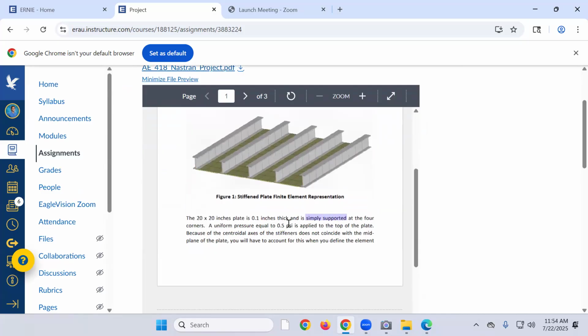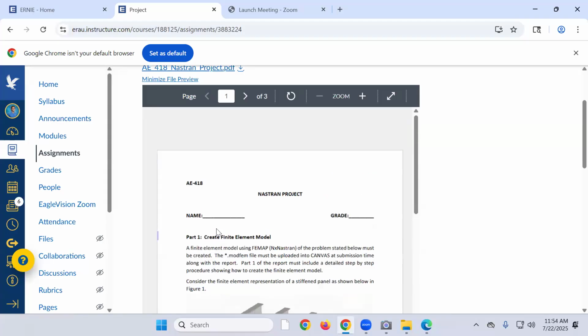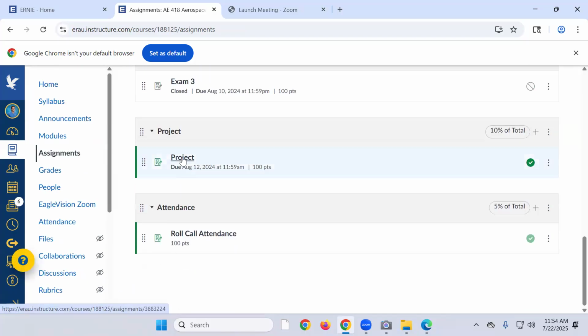So it's the simply supported. Okay, here be careful. It's not at the 4 corners. So change this stuff. It is along the 4 edges. Let me change this stuff here, that way I change it. Project.